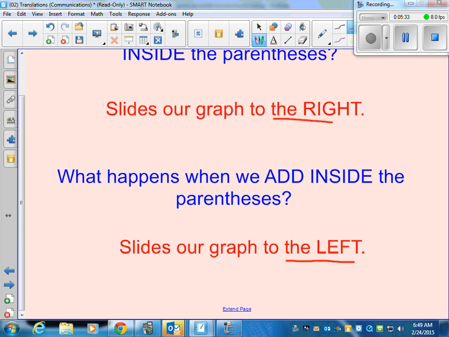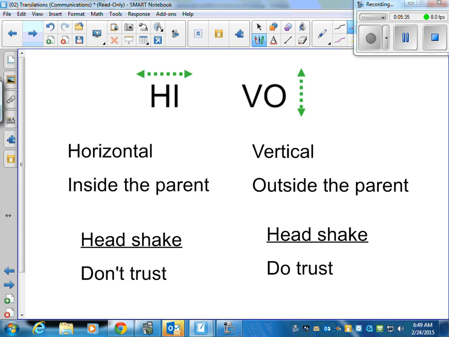So we do have something that helps with this idea of what you trust and what you don't trust, and it's what we call our HV rule. This is a rule that will work in any situation, with any parent function, any equation. When we look at horizontal adjustments, they're inside the parent, inside the parentheses. And we have this horizontal head shake that we want to think about.